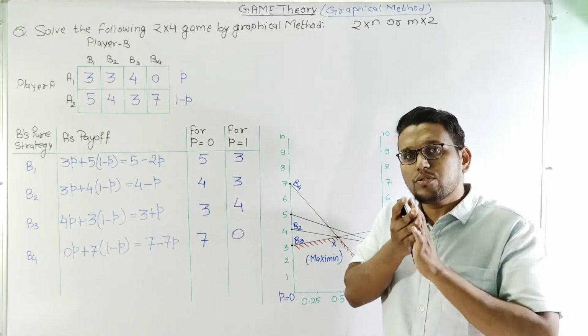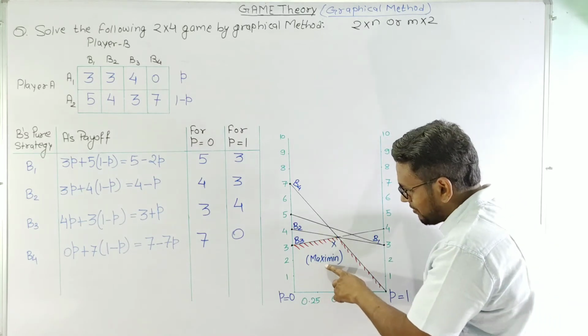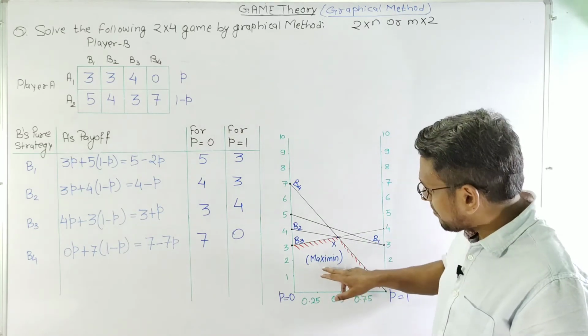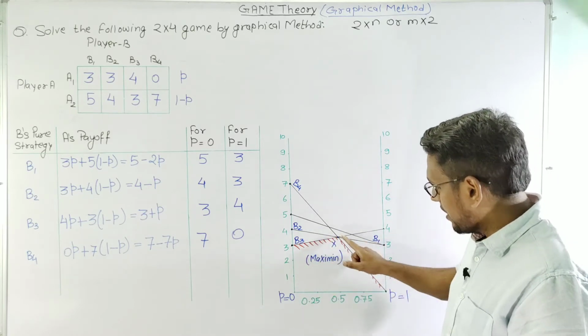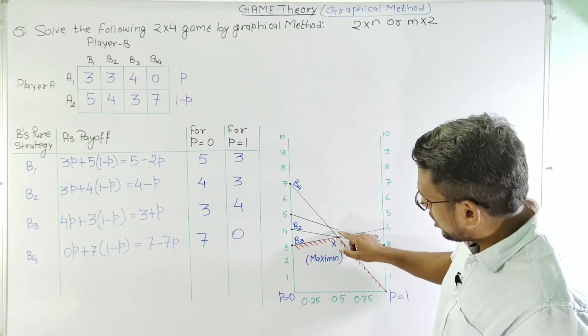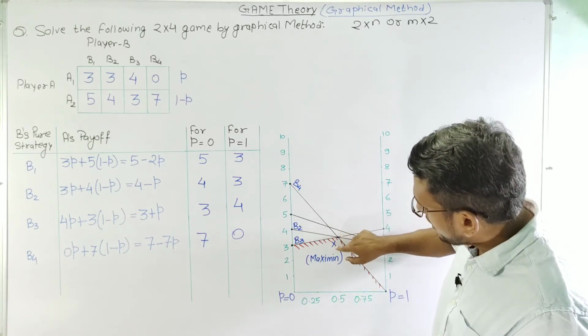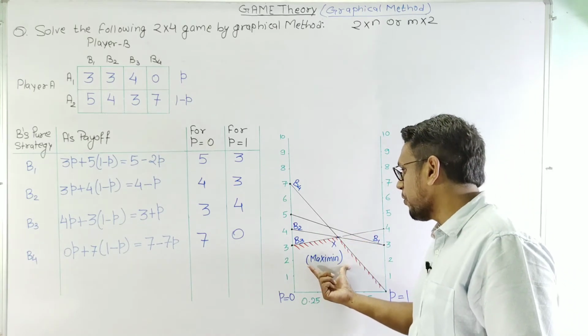In order to do that, player A will find a maxi-min value. To find this maxi-min value, we will select the lower bound region, and we will select the maximum point in this lower bound region. This is the maximum point, which we have taken as X, and this is our maxi-min point.